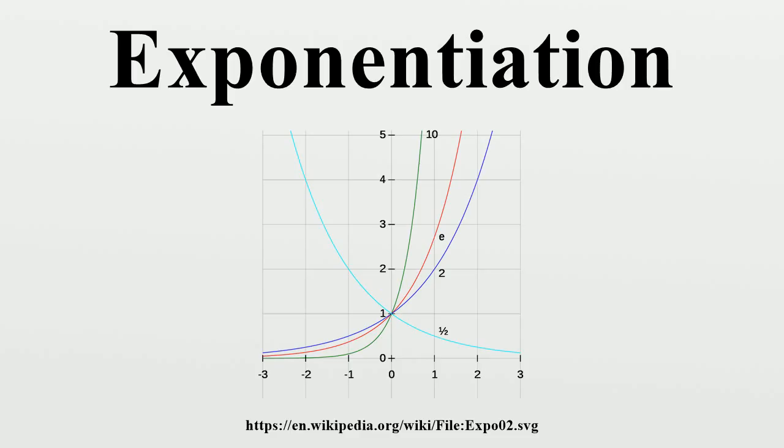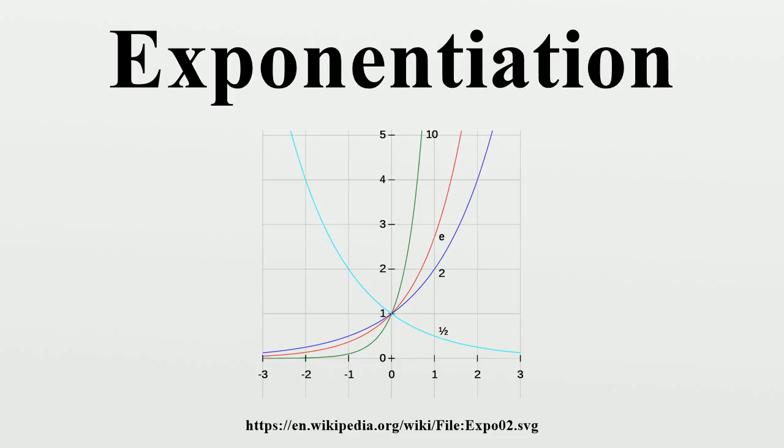Using exponentiation with complex exponents may reduce problems in trigonometry to algebra. Complex exponents with base e: the power e^z with z equals x plus iy can be computed as e^x e^(iy). The real factor e^x is the absolute value of e^z and the complex factor e^(iy) identifies the direction of e^z.